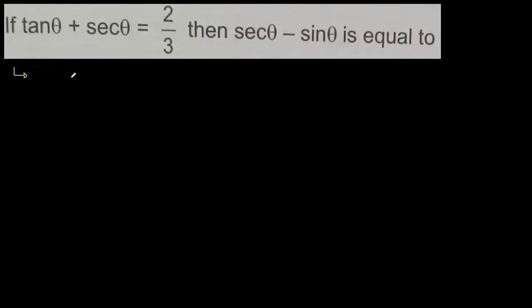Sec theta plus tan theta. Okay, this is something we have done earlier also. Sec theta plus tan theta is alpha, then sec theta minus tan theta is 1 by alpha. This is a property you should be remembering.